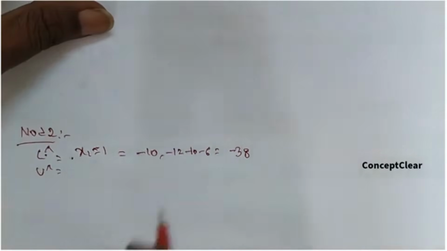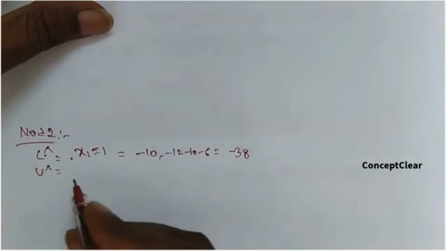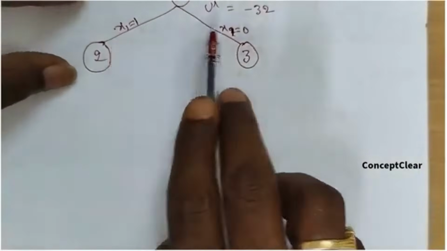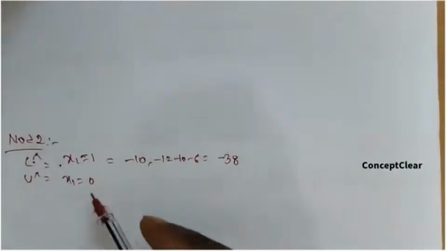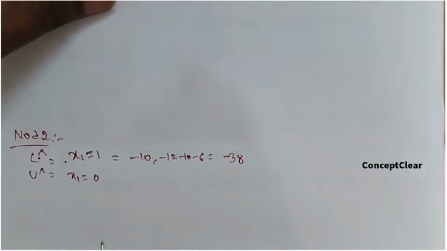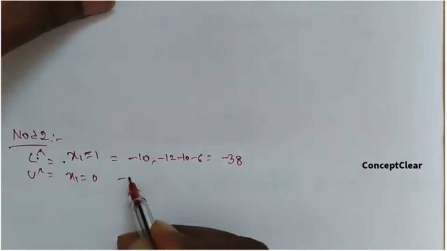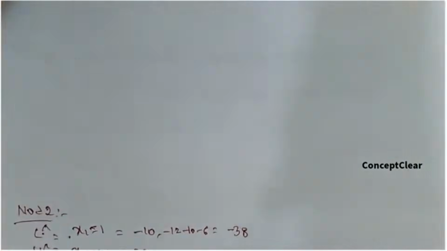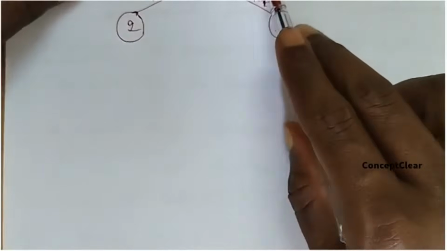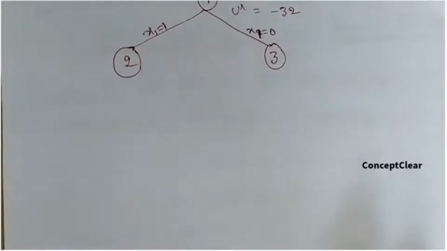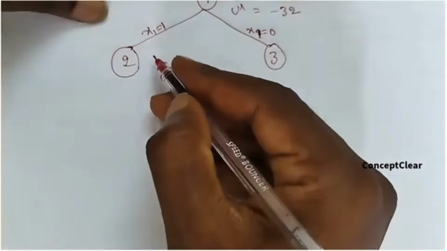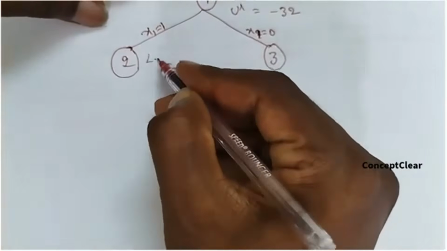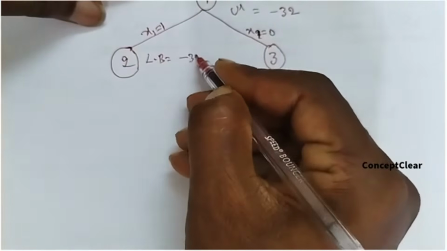Okay, for x1 equals 1, what about the upper bound value? For x1 equals 0, 2 is considered and 3 is not considered, so the values are the same. Here the least bound value is minus 38.